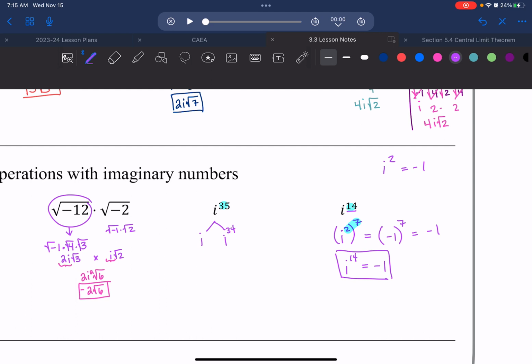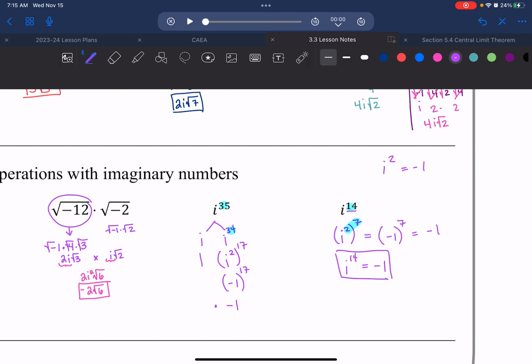Now I can group those 34 i's into i squareds, and that would give me 17 of them, because i squared to the 17th power would be i to the 34th power. Now I'll substitute -1 in for i squared to the 17th power, and -1 to the 17th power is simply -1.